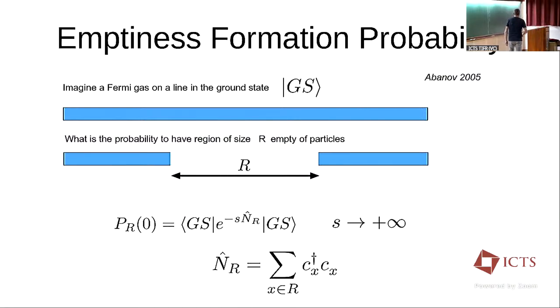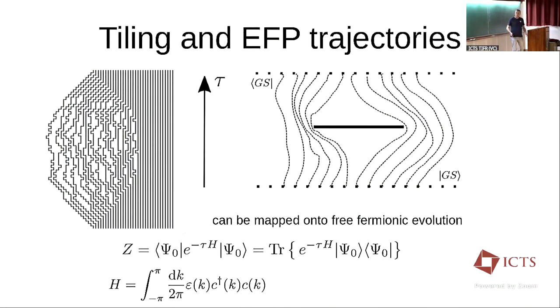Again, by thinking about this problem and representing the ground state as a sort of path integral in the imaginary time of my fermions, I will arrive at quite a similar picture to the one I obtained for the Arctic Circle. Namely, I will ask the particles to start from the bottom, going up in imaginary time. Here, their positions are actually random because they have some sort of mean density fixed.